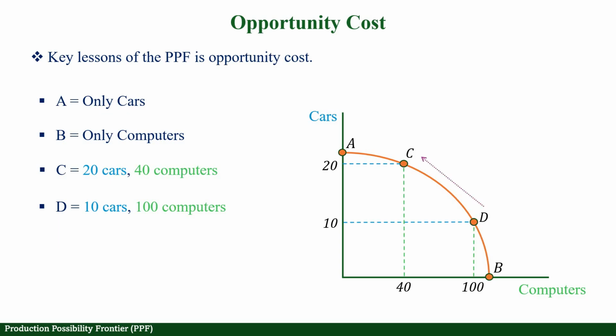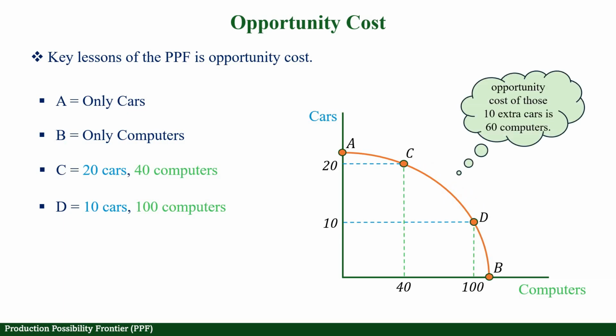Now, consider that we are producing at point D, where you make 10 cars and 100 computers. Moving from D to C, you produce 20 cars and 40 computers.